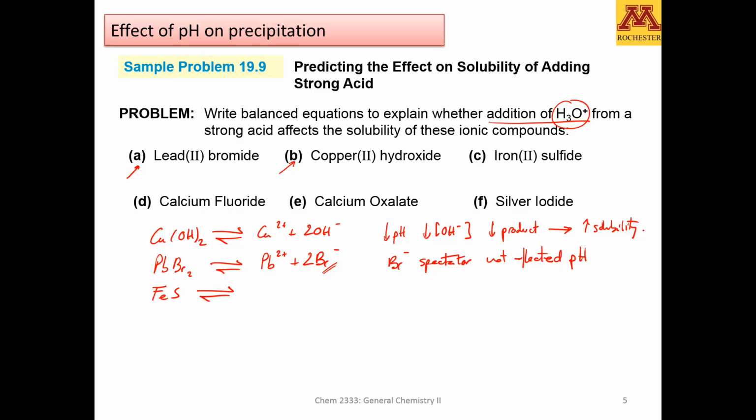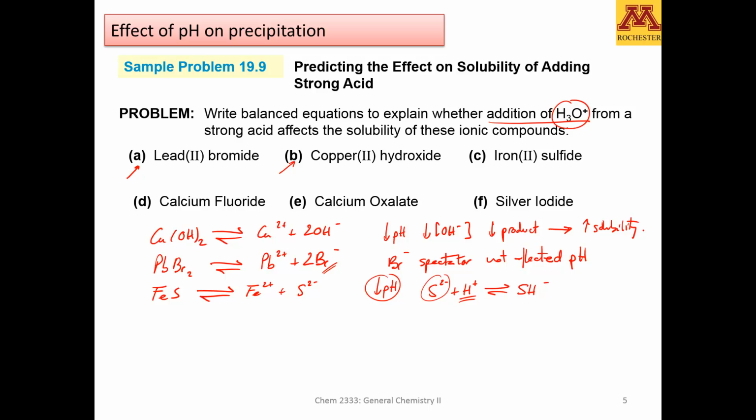Iron sulfide in solution dissolves into iron and sulfide, and sulfide is a base. So if I am decreasing the pH, what's happening? Now we need to write this equation. If I am decreasing the pH, I am adding protons. That makes sulfide disappear.